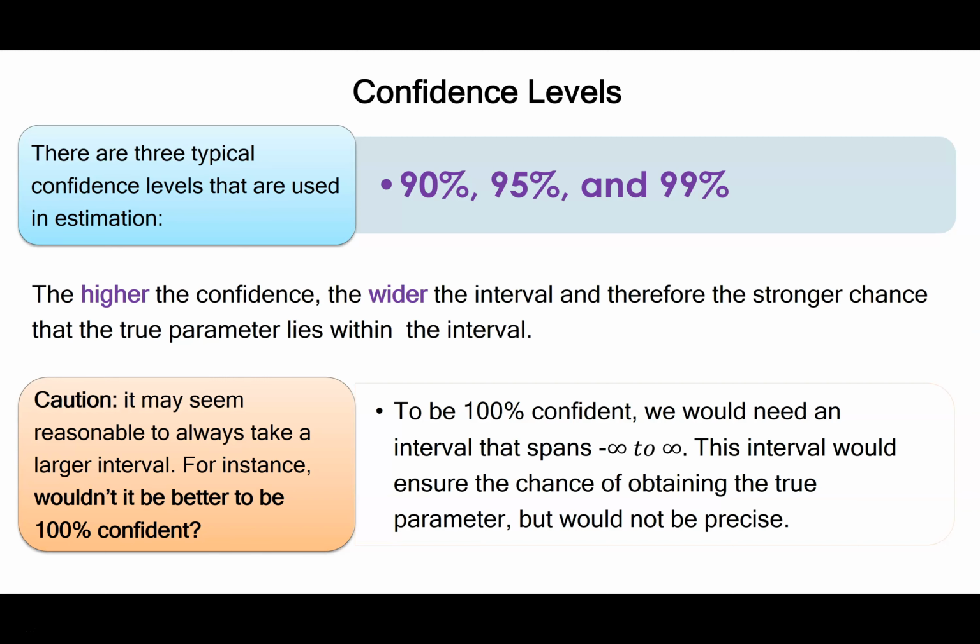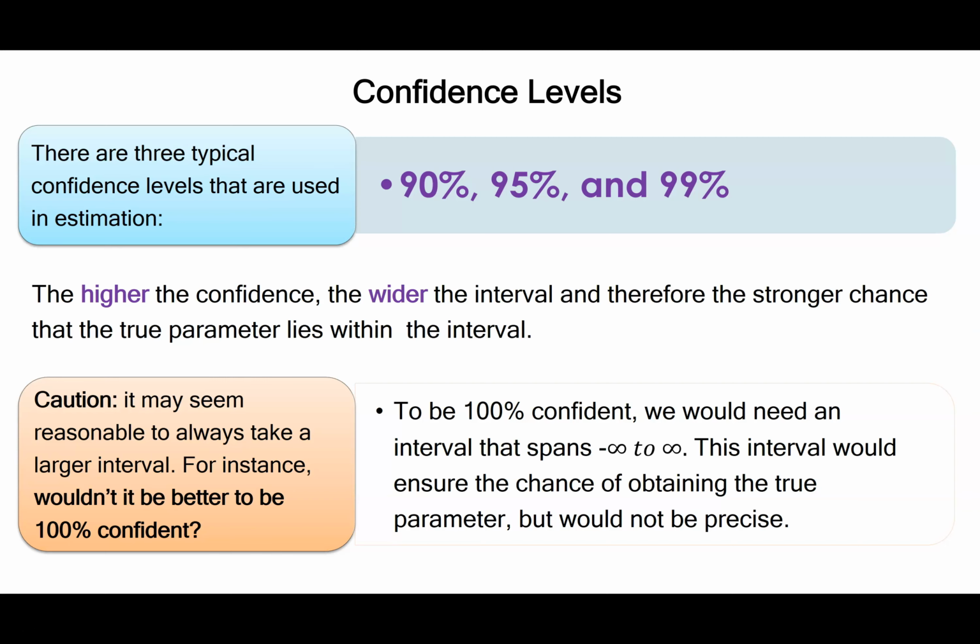You can have 100% confidence, but if you think about it, 100% confidence is usually so wide it's not useful. So imagine somebody saying, well, I'm 100% sure that the average zinc concentration for all locations in this river is between 0 grams per milliliter and infinity grams per milliliter. It's not a useful interval, right? It's basically all possible values.